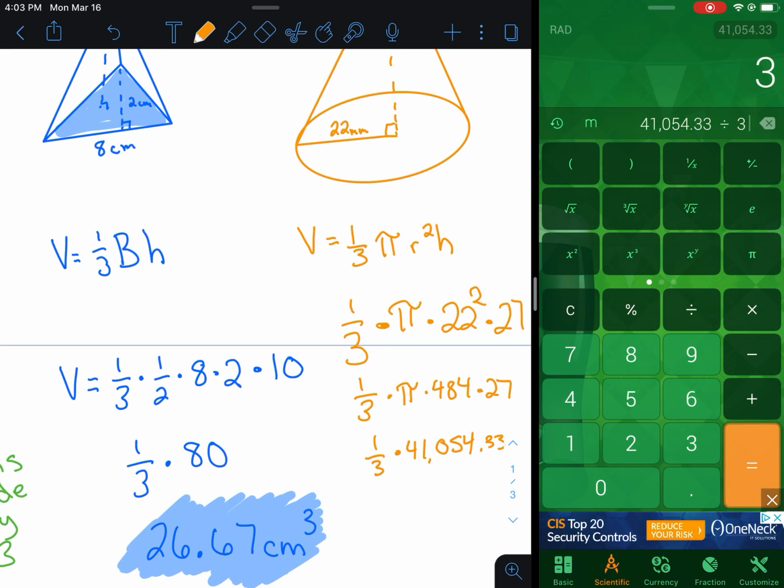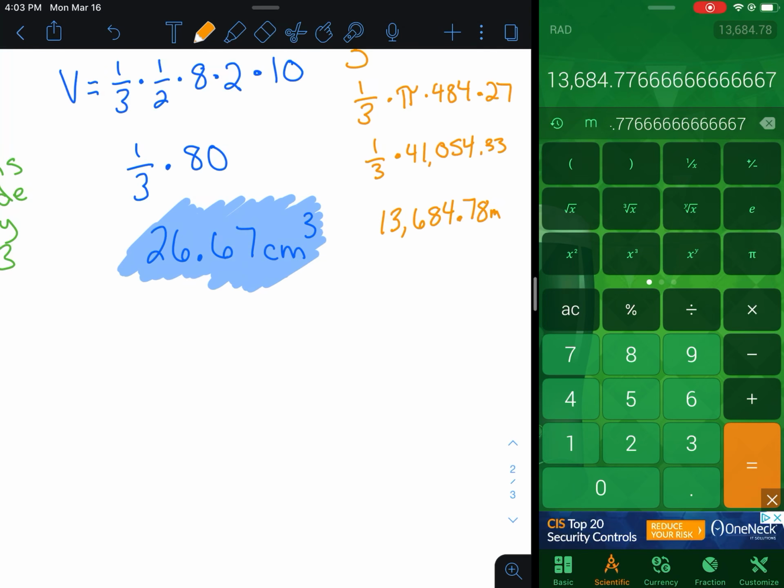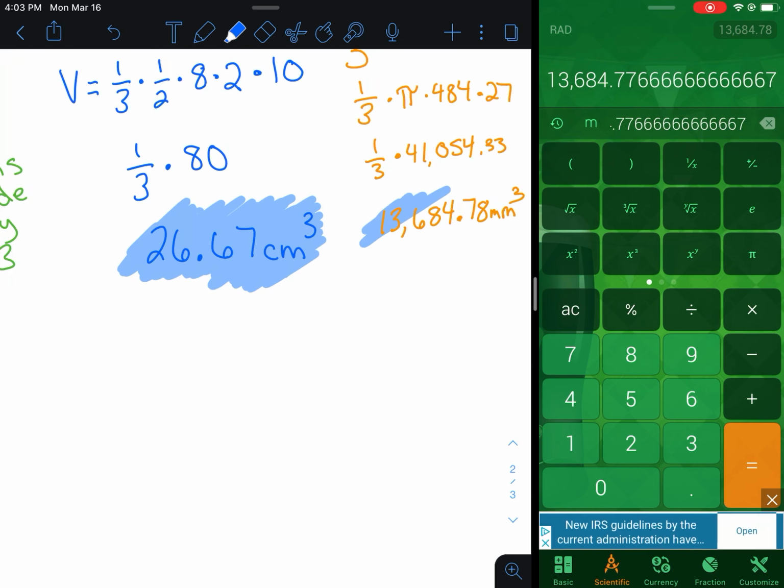I'm going to divide it by 3 because multiplying by 1/3 is dividing by 3. So my final answer is 13,684.78 millimeters, and I'm going to have to put it as cubed. And we are all done with today's lesson.